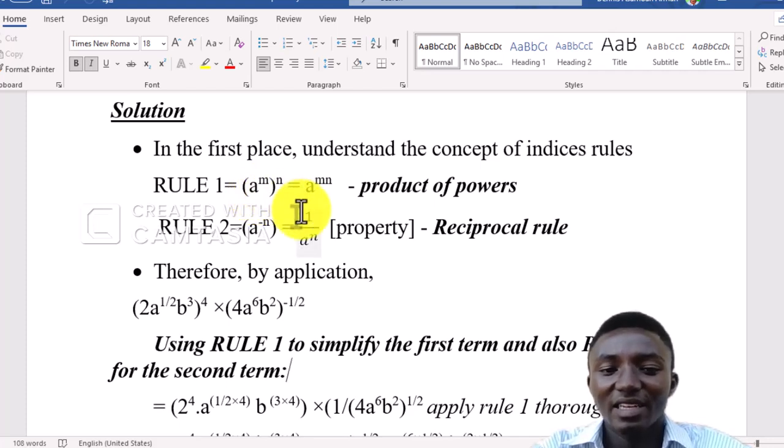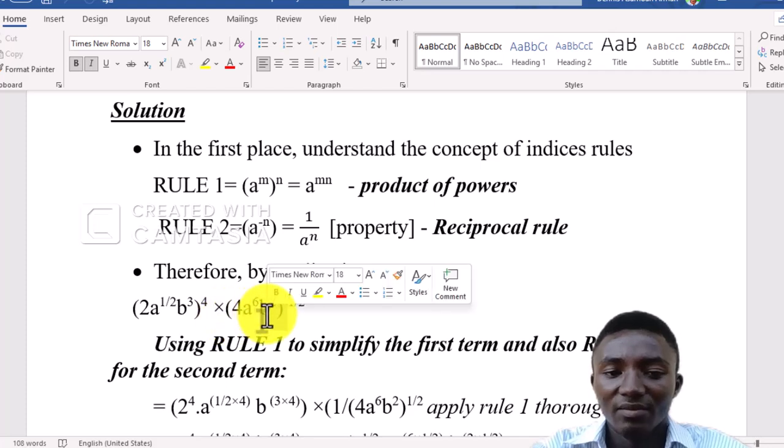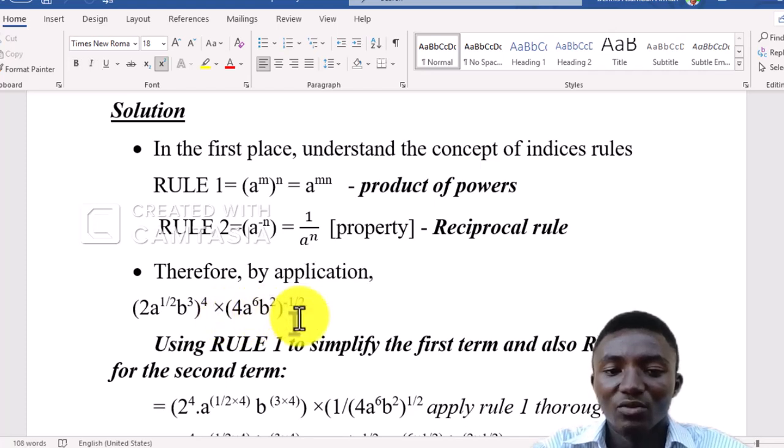We multiply the exponents. And the second expression, because of this negative, we must change the whole expression into a fraction. I'm sure you understand the reason why it needs to be in fraction form.